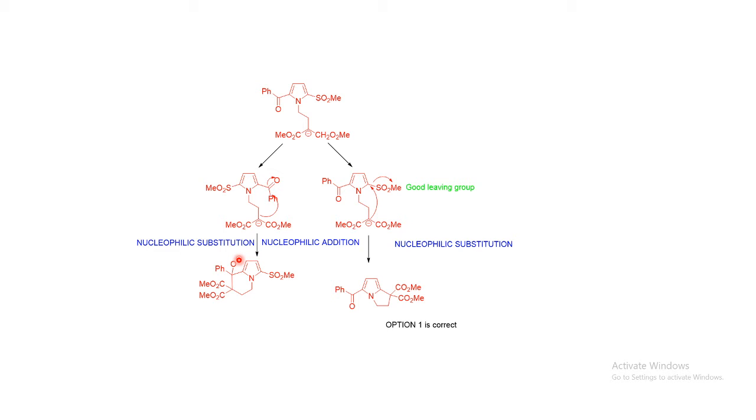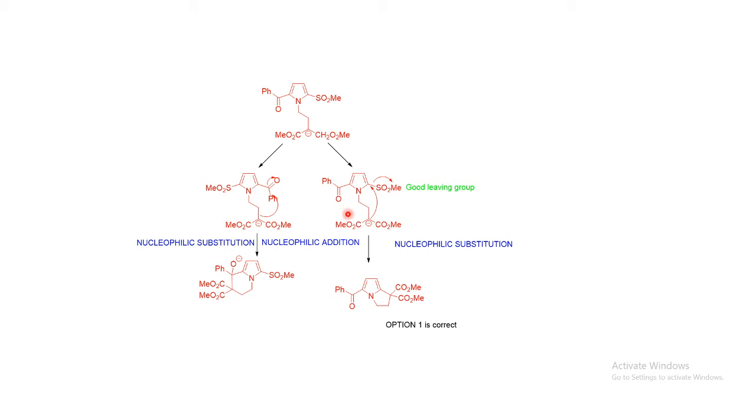So for nucleophilic substitution to occur, there has to be a very good leaving group, right? But you can see that this phenyl group is not a good leaving group. So the possibility of nucleophilic substitution is ruled out. And in order to undergo nucleophilic addition reaction, there has to be a source of proton for this oxygen ion to abstract, and so we can rule out that possibility as well.